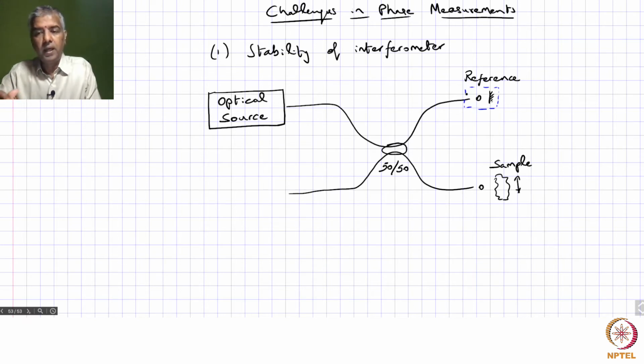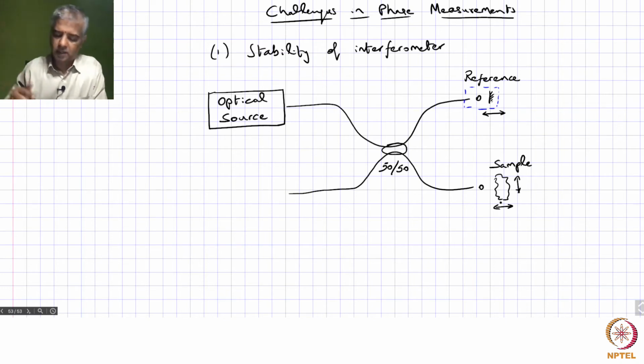But of course, if you have an external mirror, it gives you the opportunity to potentially move that mirror, slightly dither that mirror, so that you can look at a corresponding change along the depth of the sample. Okay, we'll come back to that in a minute, but that could be one reason why you may want to have an external mirror instead of putting a mirror coating at the end of the fiber.